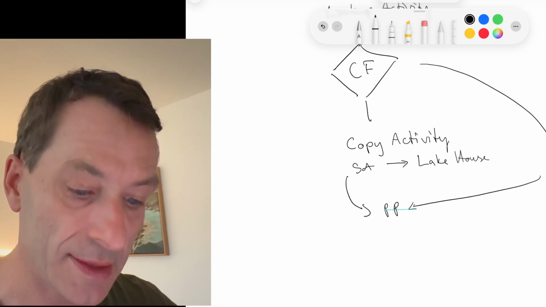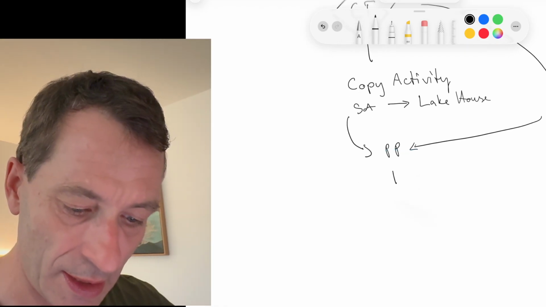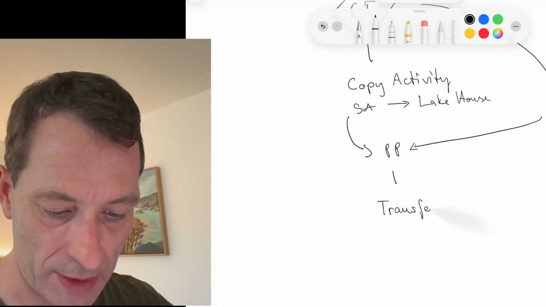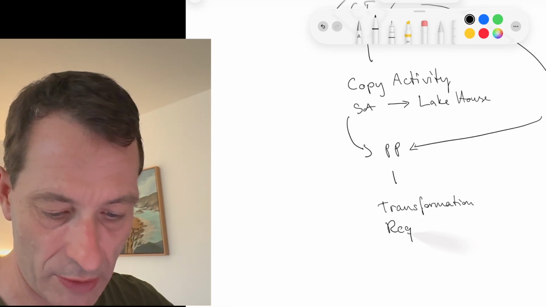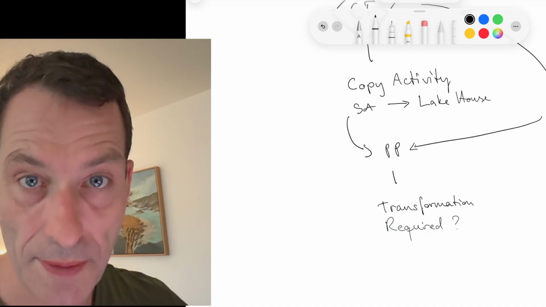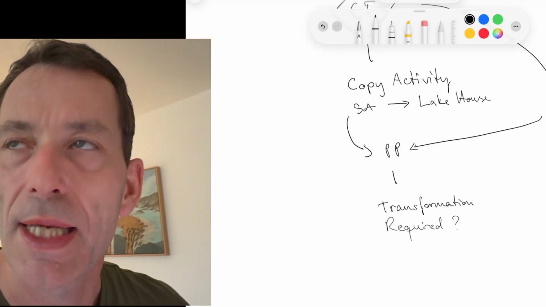Either way, at some point you are at the post-processing area, and the question is, okay, is transformation required? It could be. I didn't mention that yet. We will look at that a little bit later.